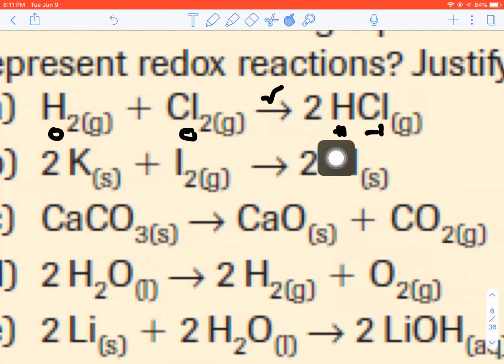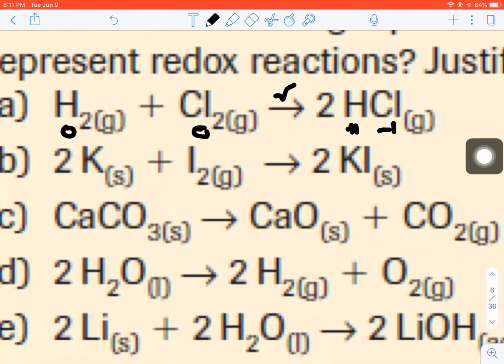I must lose an electron, Leo. The chlorine goes from 0 to -1. How do I go to -1? I must gain an electron, Ger. Right, so the chlorine is Ger. And the hydrogen, H2, is the one that's being oxidized.